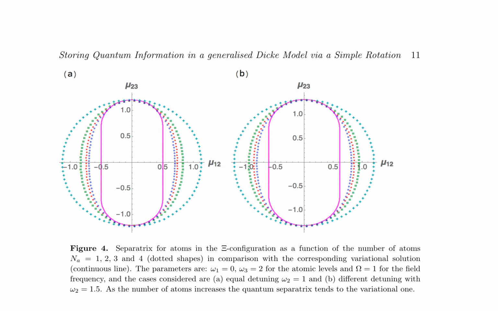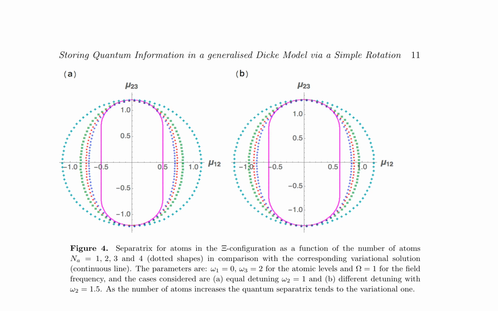The parameters used are omega-1 equals 0, omega-3 equals 2 for the atomic levels, and omega equals 1 for the field frequency. Two cases are considered: equal detuning with omega-2 equals 1 and different detuning with omega-2 equals 1.5. The quantum separatrix converges to the variational one as Na increases, with the variational separatrix remaining fixed for any Na.